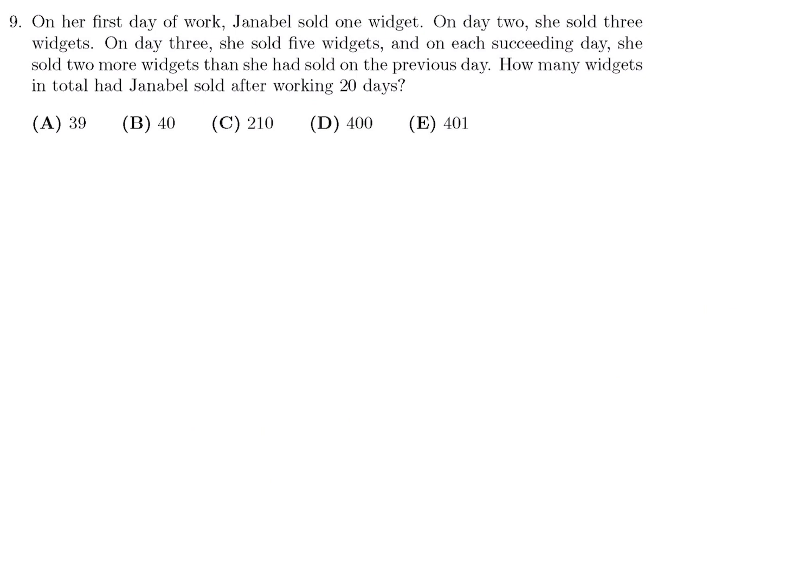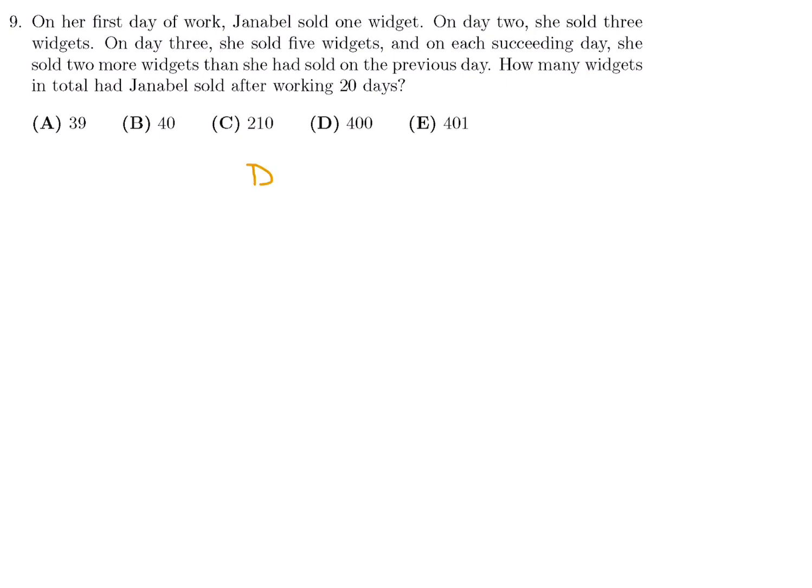On her first day of work, Jana Bell sold 1 widget. On day 2, she sold 3 widgets. On day 3, she sold 5 widgets. On each succeeding day, she sold 2 more widgets than she had sold on the previous day. How many widgets in total had Jana Bell sold after 20 working days?